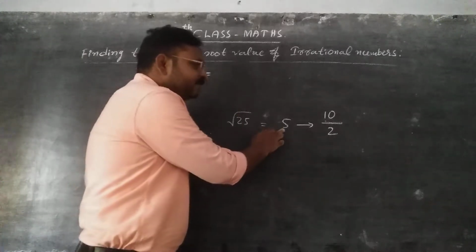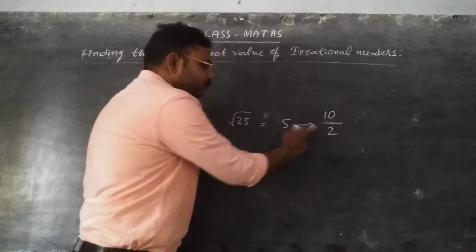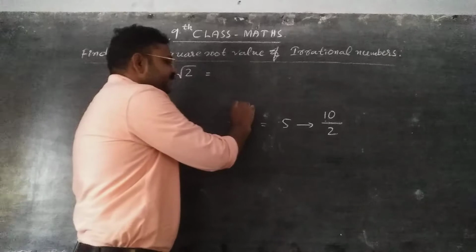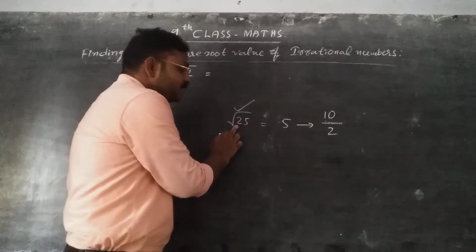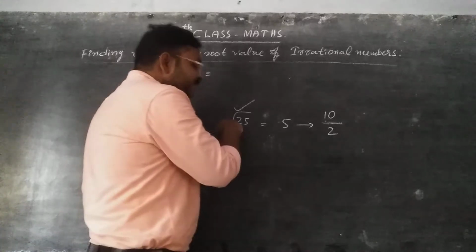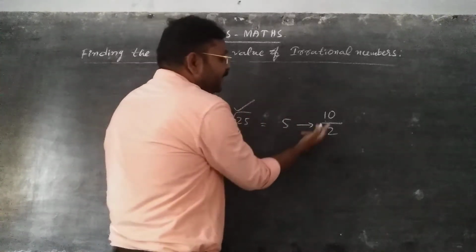So root 25 is a rational number. Why is it rational? Because we can express it in the form of p by q.